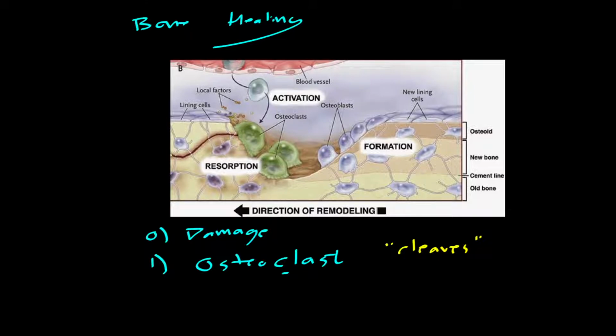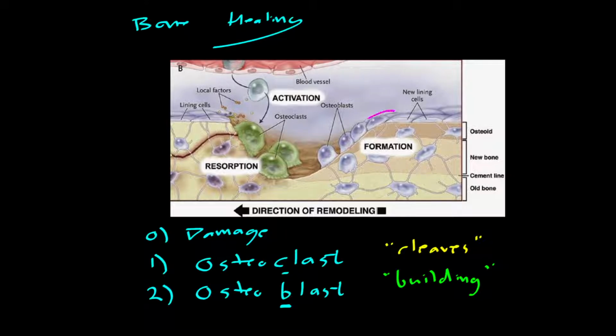So after the osteoclasts have been active for a while, your body activates another type of cell called osteoblasts with a B. I like to think of that as B for building, because these actually build new bone cells.